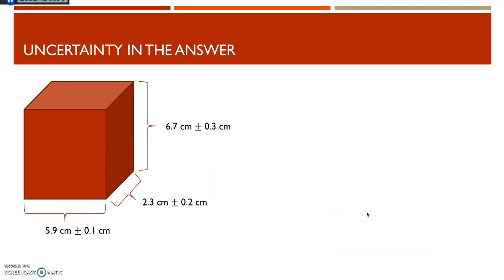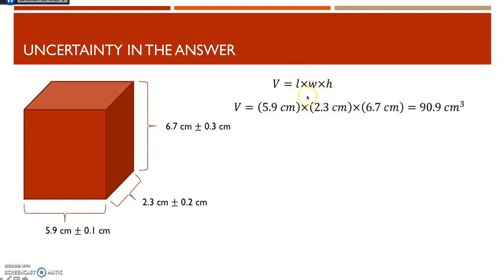So we've got this box, and maybe we want to find the volume of this box. If we want to find the volume of the box, we're going to multiply the length times the width times the height. So we can do that. 5.9 times 2.3 times 6.7 is going to give us an answer. And again, here I haven't stuck to my sig figs yet.